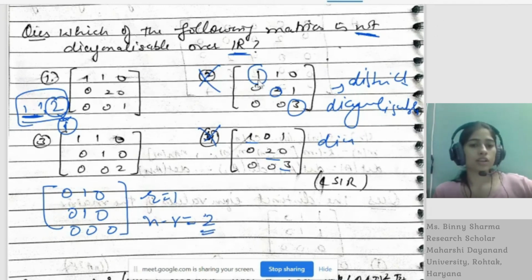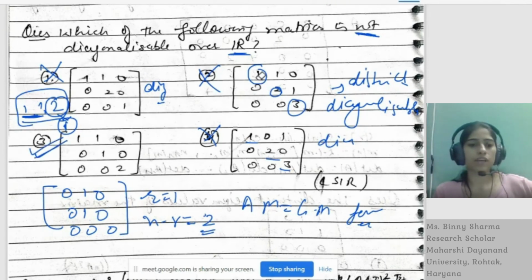So here AM is equal to GM for each eigenvalue. So this is also diagonalizable, so this is also wrong. So the third option will be correct.